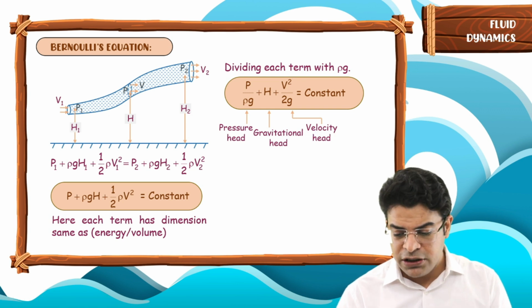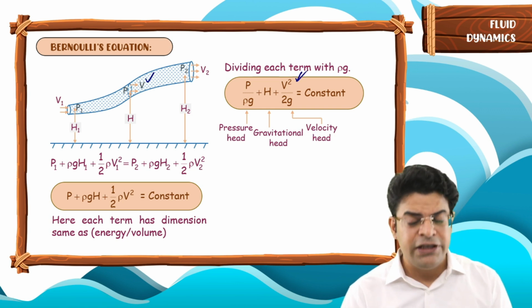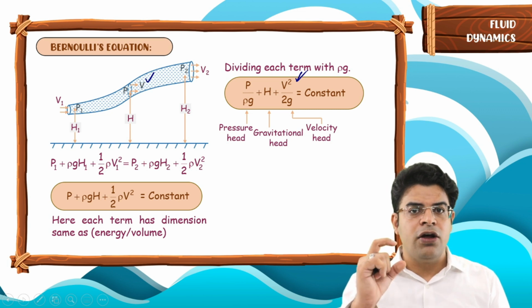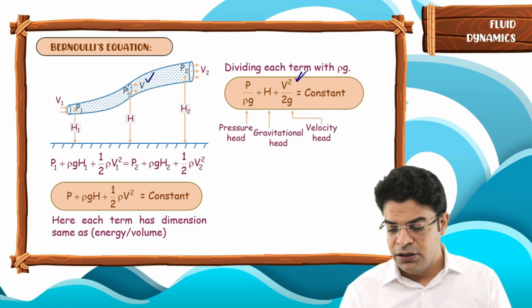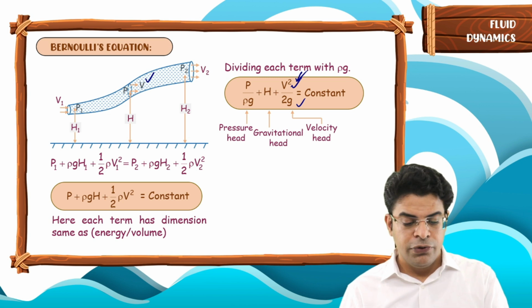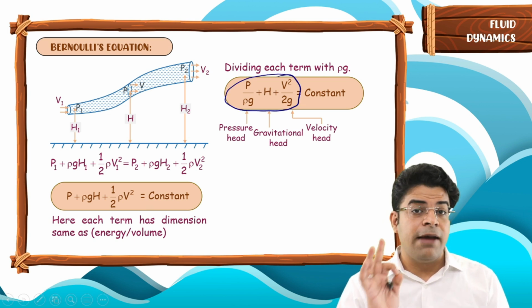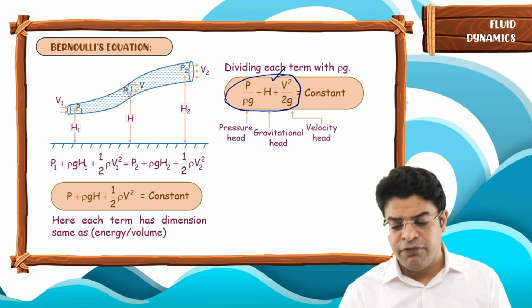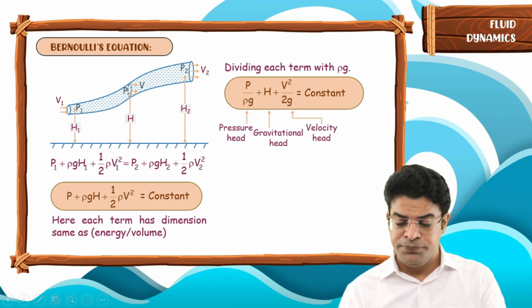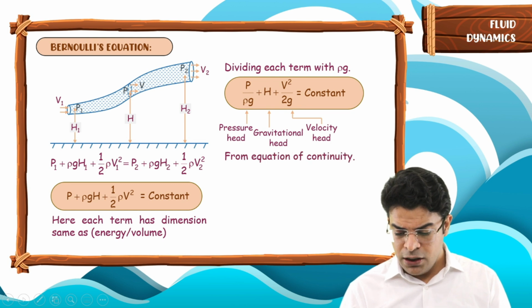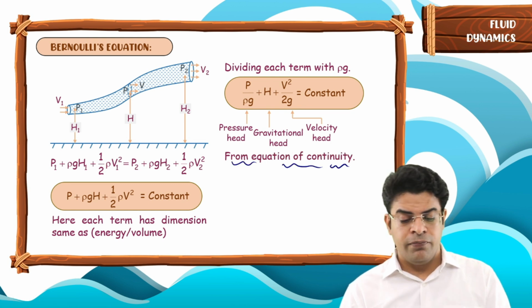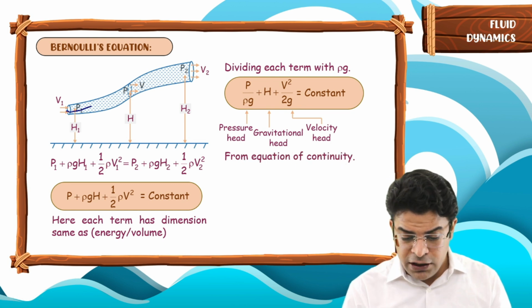If the velocity of fluid at any place is v, we say that the velocity head of the fluid at this place is v square by 2g. So remember that in this format each term represents the dimension of length, and this is another way of writing Bernoulli's equation.